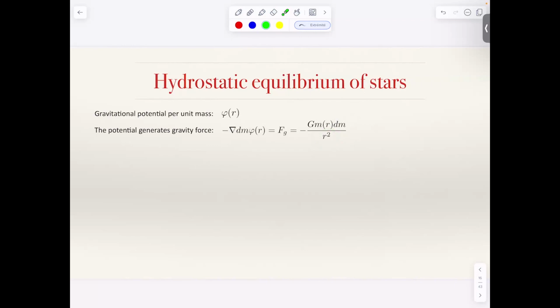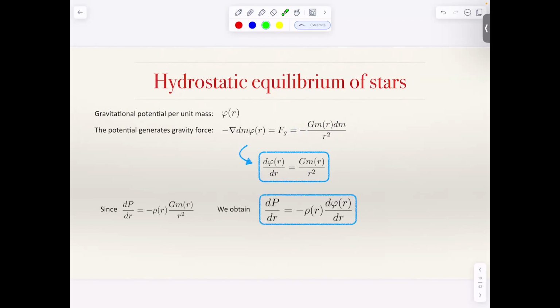So there is this minus sign here. And from that, you have another equation, which is that d phi over dr is equal to G times the included mass m of r over r squared.